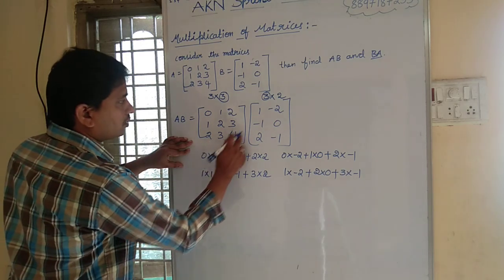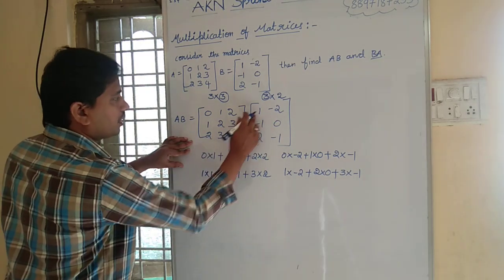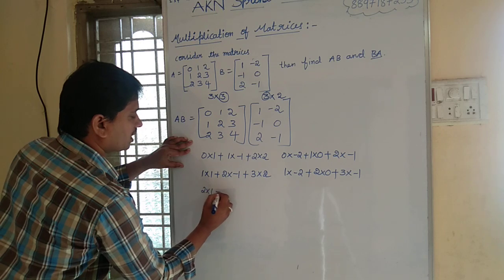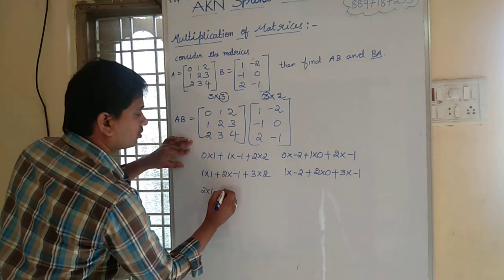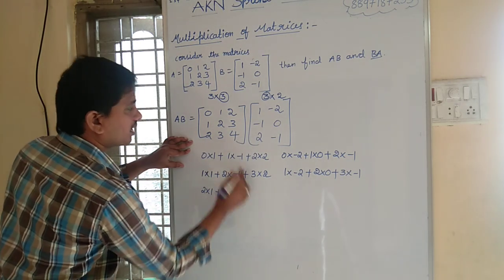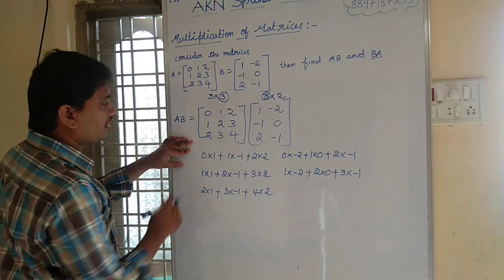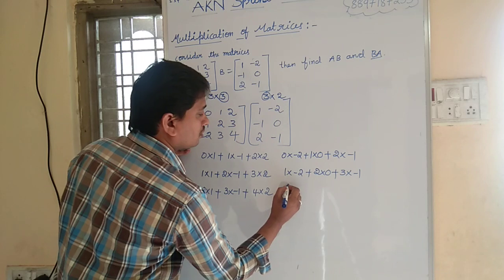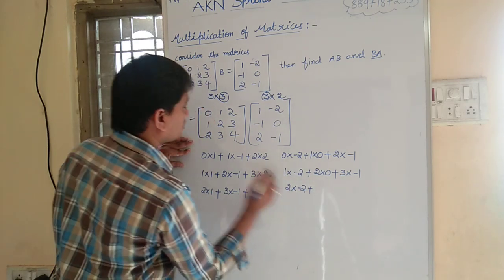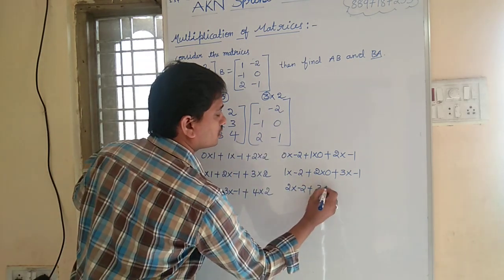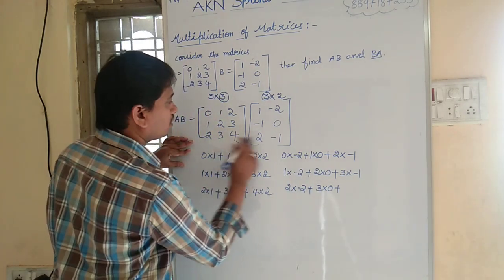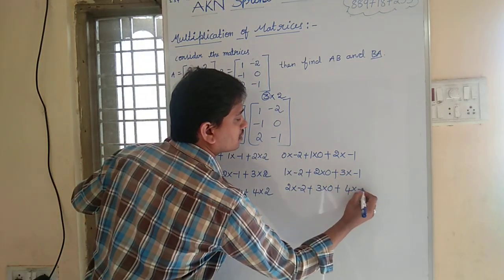Now third row, first column: 2 into 1 plus 3 into minus 1 plus 4 into 2. Again, 2 into minus 2 plus 3 into 0 plus 4 into minus 1.